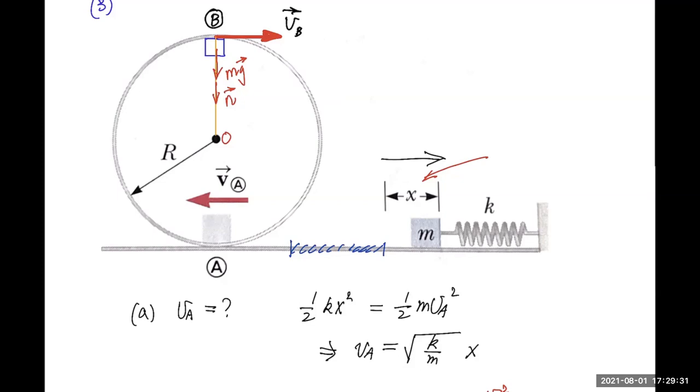Okay, so that's going to change the result a little bit, but you should be able to still solve this problem by combining the energy consideration plus Newton's second law applied to point B for the circular motion.